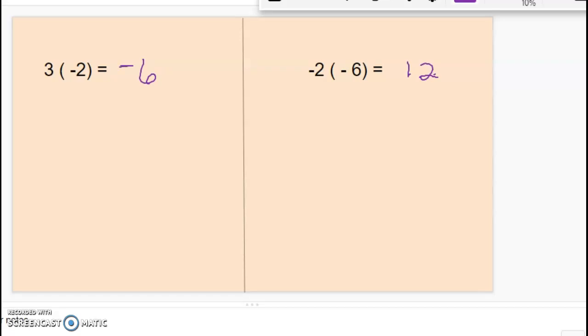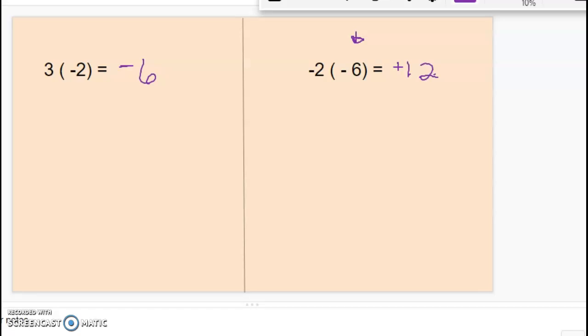And when the signs are the same, it's positive. Because remember, a negative times a negative equals a positive. Okay. This is the one that students always get confused on. Because if we were to add these, we would get a -8. Now when we're multiplying, it's a little bit different. So let's visualize these.